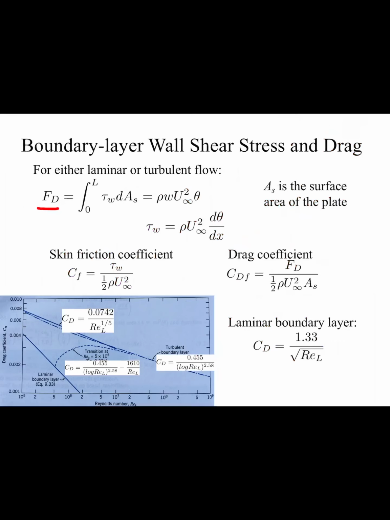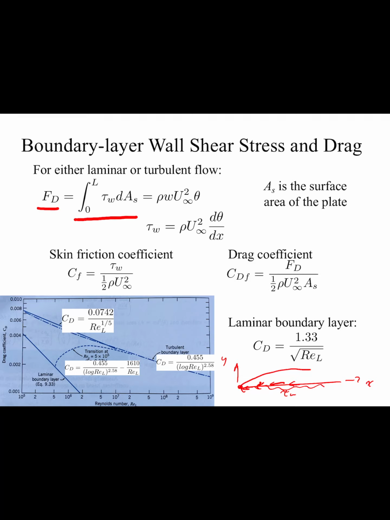So here, the drag force is going to be equal to the integral over our plate. We have a plate that goes from 0 to some distance L along our plate. If this is our plate, and this is X, Y, and this is our boundary layer, we have some sort of shear stress acting along that wall.